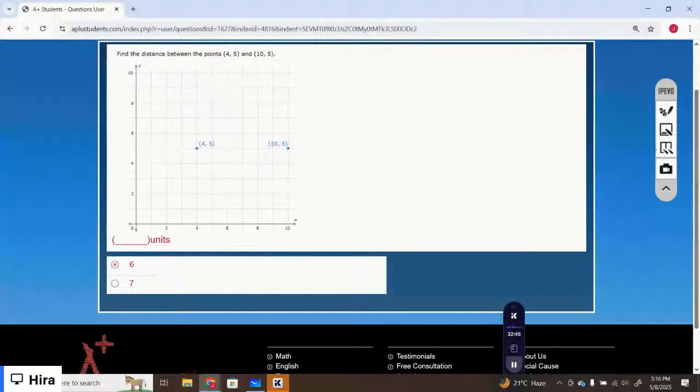Option number 1 is the correct option. That is 6 units.